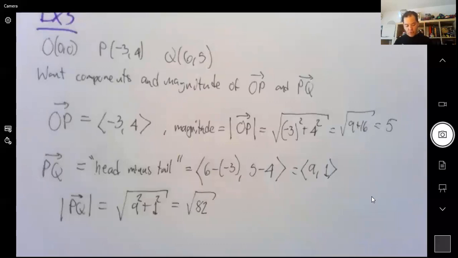Okay. Moving along. We learned how to do the addition of two vectors with the picture. And we also learned how to do the multiplication by a scalar with the picture, right? Just make them bigger or smaller, or maybe change to the opposite direction.